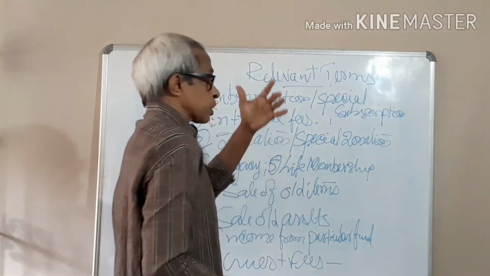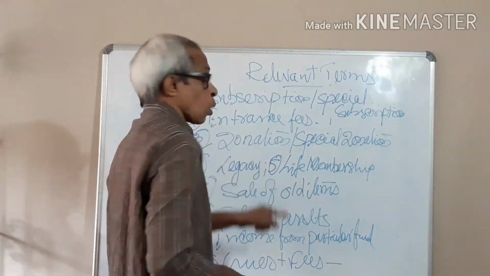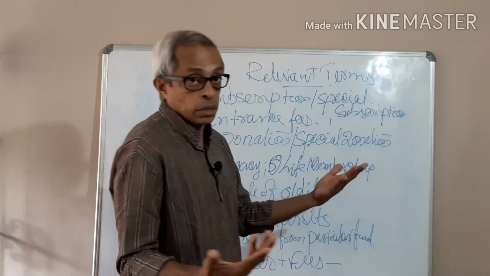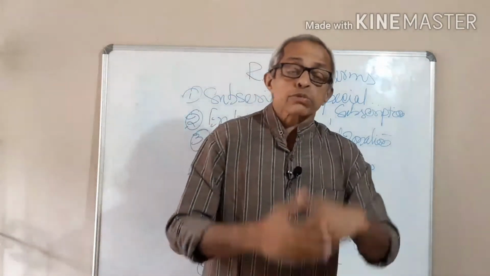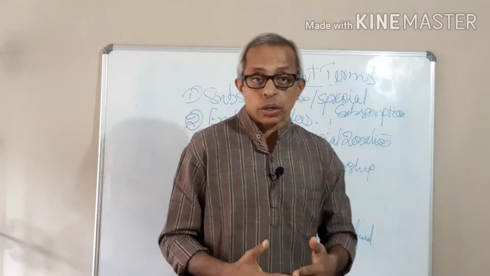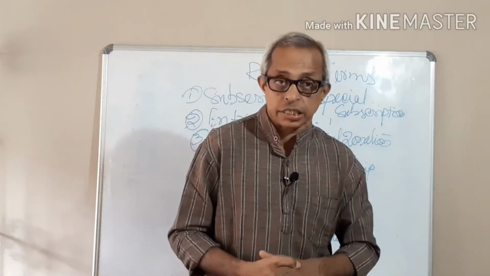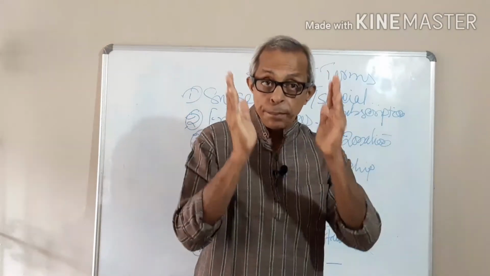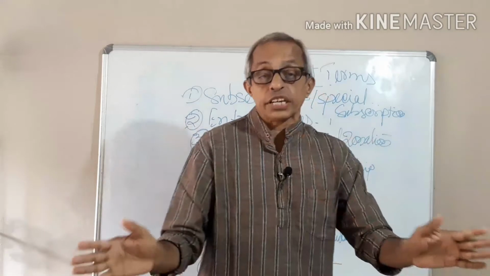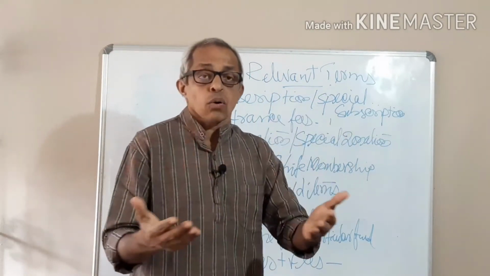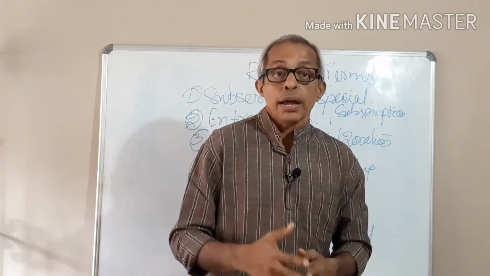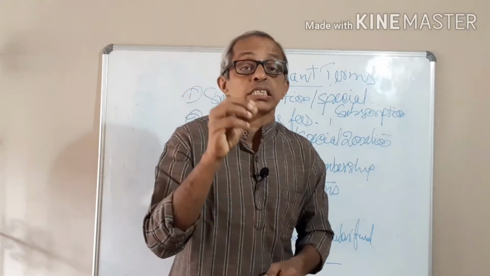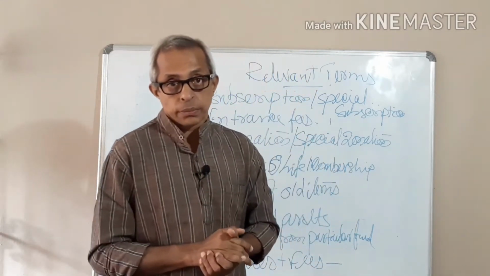Next is donations. In donations also there are two types, that is, one is general donation and the other is a special donation. As far as donation without any tag is concerned, the amount received as donation may be treated as revenue. That amount may be shown as income on the credit side of income and expenditure account.